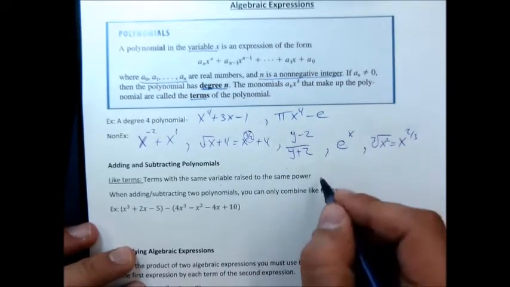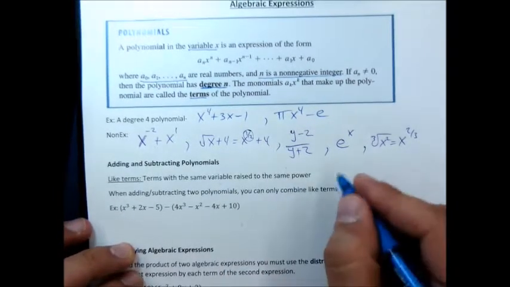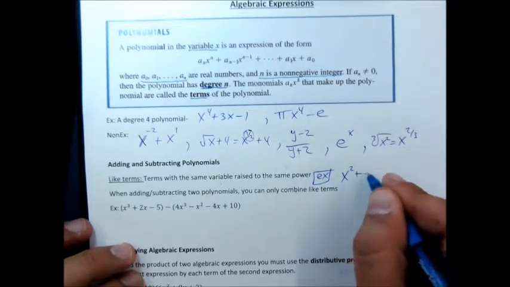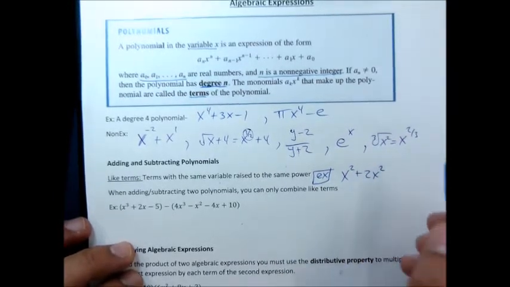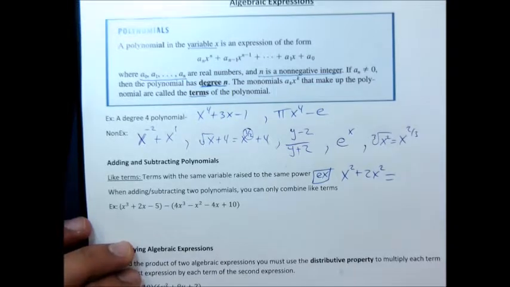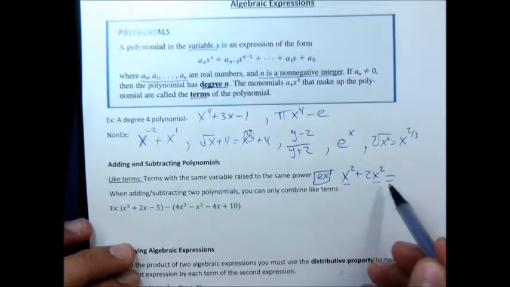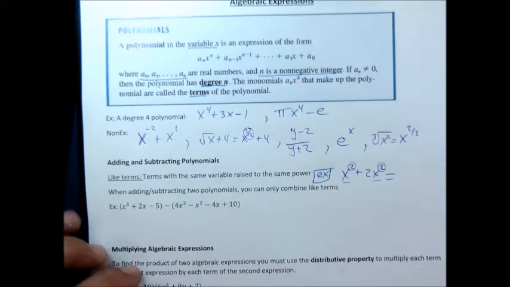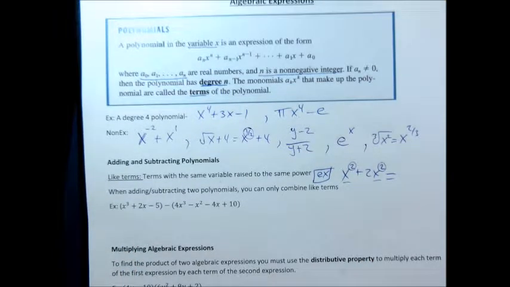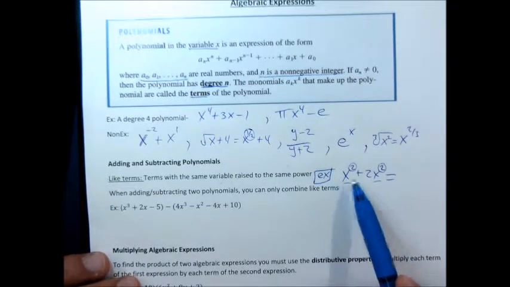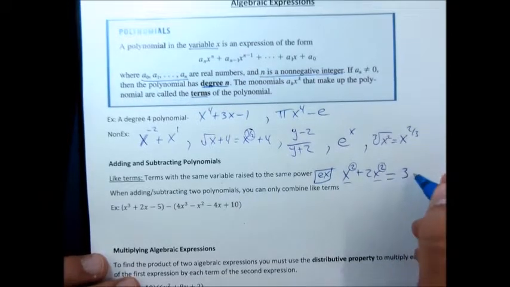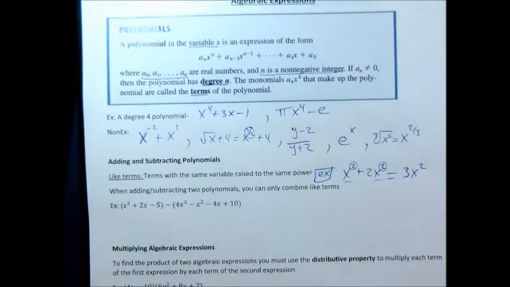For example, x squared plus 2x squared are like terms because they both have an x and both of the x's are raised to the same power. We're allowed to combine them because we have one of something plus two of that same thing, and that gives us 3 of that thing. Great.